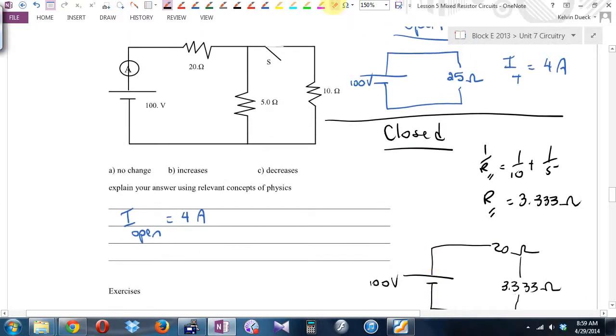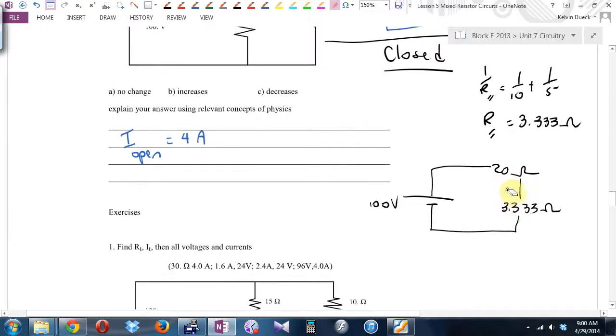Listen close: if I add a resistor in parallel, it lowers total resistance. If I add resistance in parallel, the overall resistance goes down, which is really weird for kids to wrap their brain around. If I add a resistor in series, overall resistance always goes up.